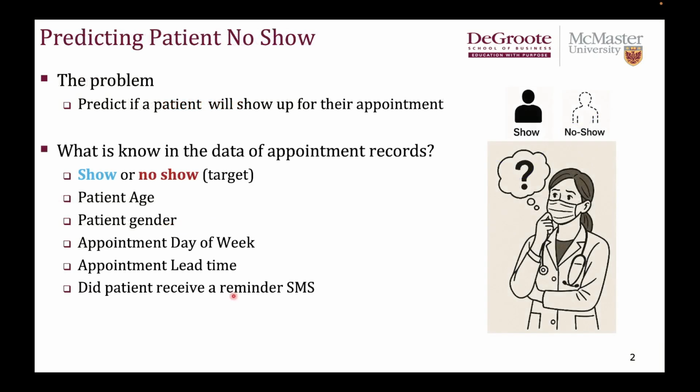Now, question one. For this problem of predicting patient no-shows, if we quickly compare it with the problems we handled last time, for example, predicting the medical charges of a customer, or predicting the house price based on the features of the house, how do you think this problem is different?